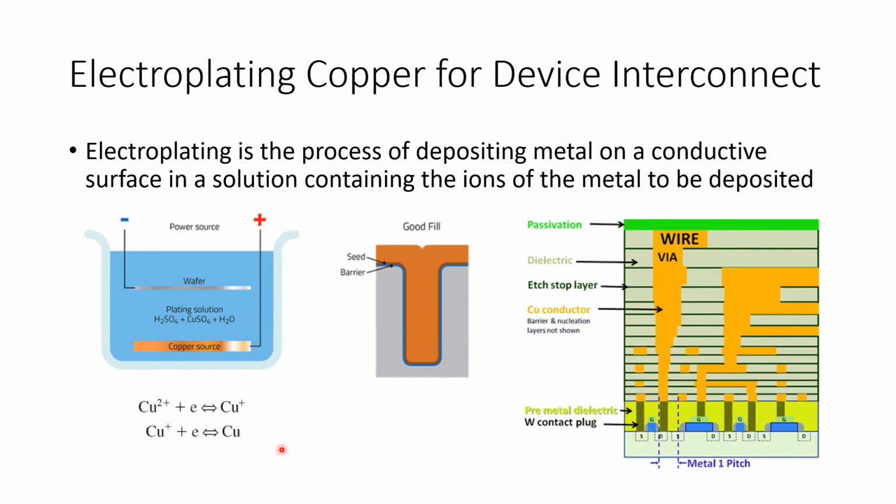Electroplating is the process of depositing metal on a conductive surface of the wafer in a solution. Here, the solution is a copper sulfate solution, not sulfuric acid, sulfate.